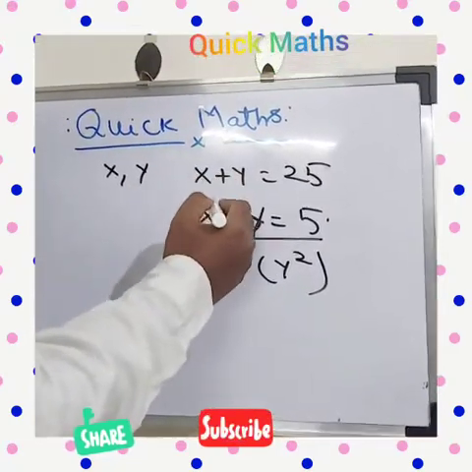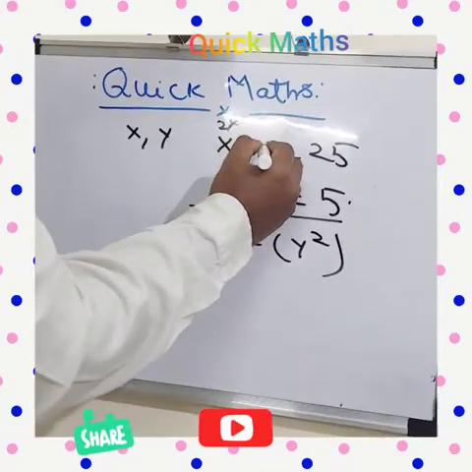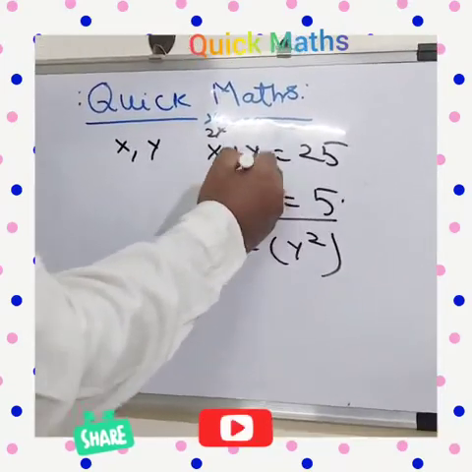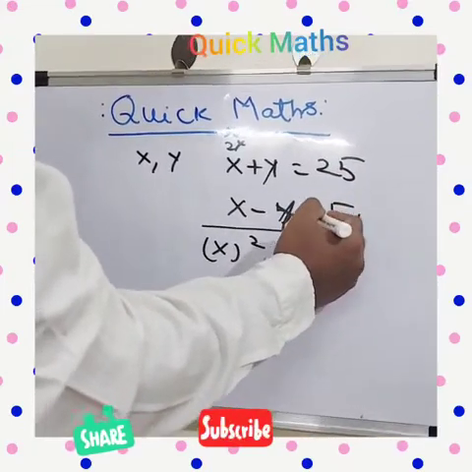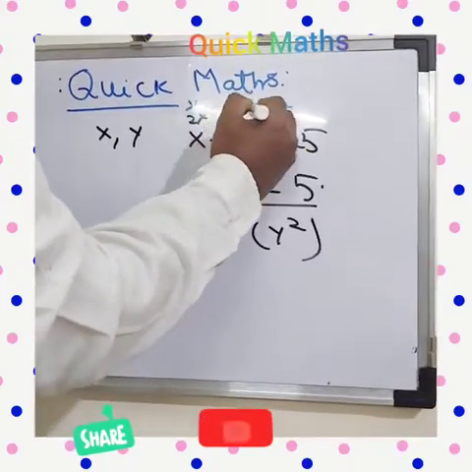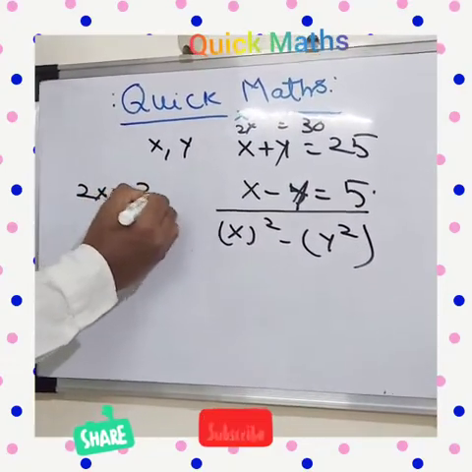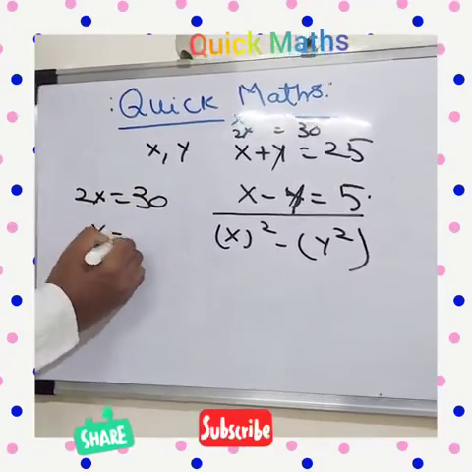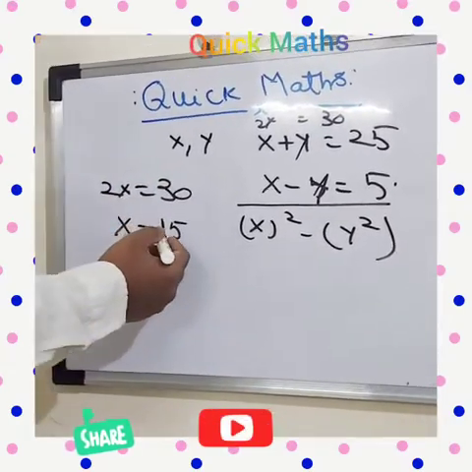So x plus x is 2x, and plus y and minus y cancels to 0. And 25 plus 5 is 30. So 2x is equal to 30. Then x is equal to 15, because when you divide 30 by 2, that gives 15.